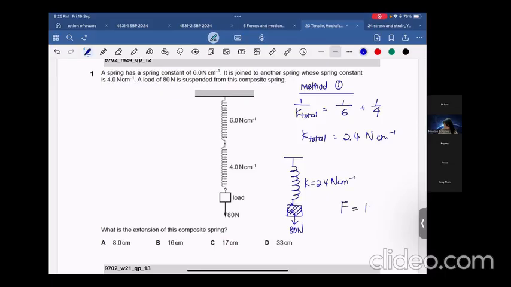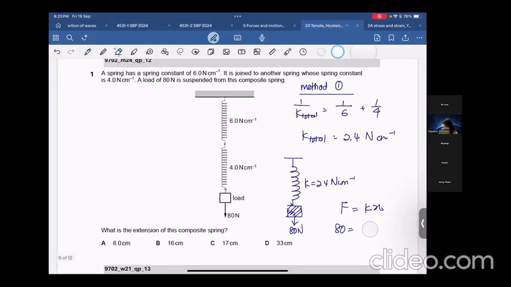So F equals Kx. My force is 80. My K is already calculated, 2.4. My x, I don't know. So my extension is 33 cm. Wesley, the 6 and 4 are not extension, they are spring constants. There are many ways to solve.